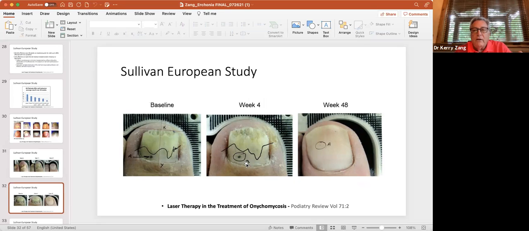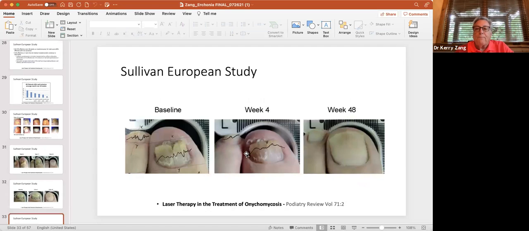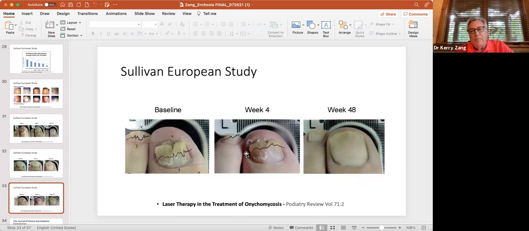You have to wait until the nail grows out. And his pictures were a little bit different than ours, but you'll see again, look at the second digit toenail. At week 4, look at the difference in the second digit toenail, and look at 48 weeks, it's clear.